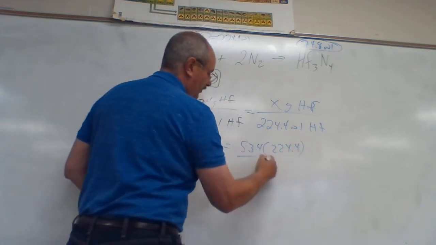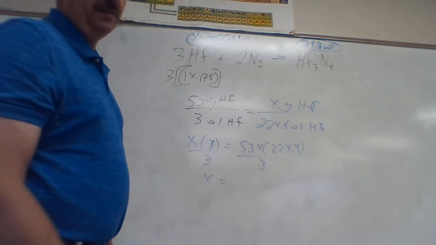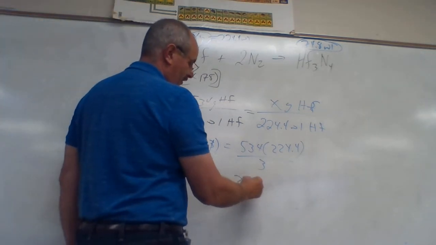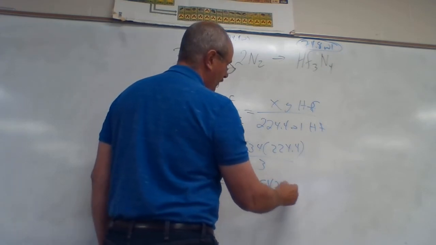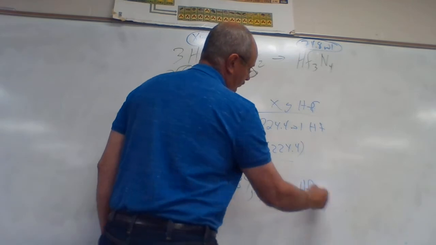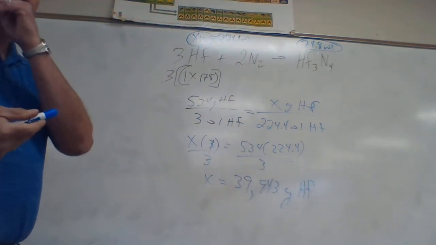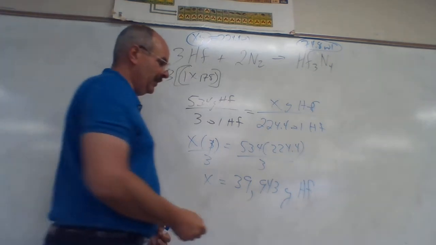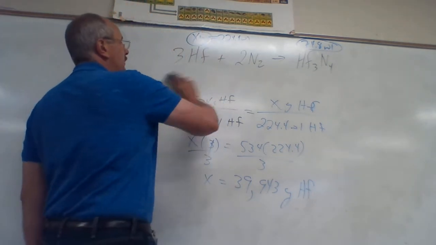Divide by 3 on both sides to get X by itself. And if you do the math on that, X ends up equaling a really, really big number. 39,943 grams of HF. A whole lot of it. All right. So that one kind of maybe caught you off guard when you did it because you didn't expect a number that big.